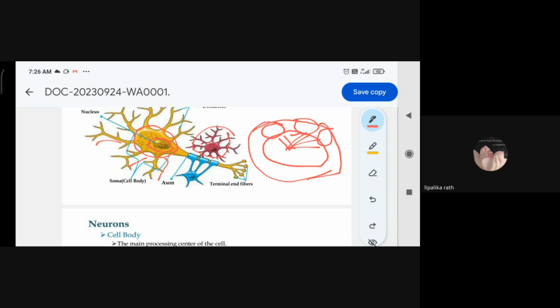In the spinal cord, the outer portion is white and the middle portion is gray. In the brain, the outer layer is gray matter and the inner layer is white matter, but in the spinal cord, the outer layer is white matter and gray matter is inside.